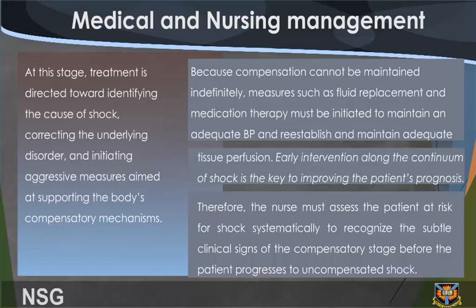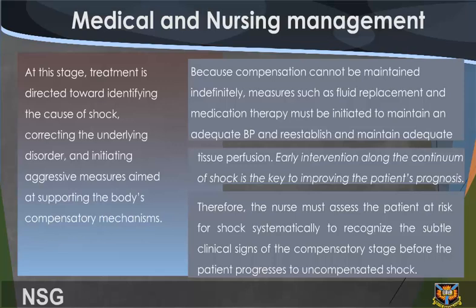Medical and nursing management. At this stage, treatment is directed toward identifying the cause of shock, correcting the underlying disorder, and initiating aggressive measures aimed at supporting the body's compensatory mechanisms.